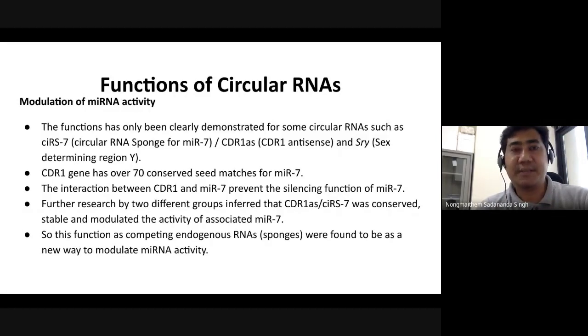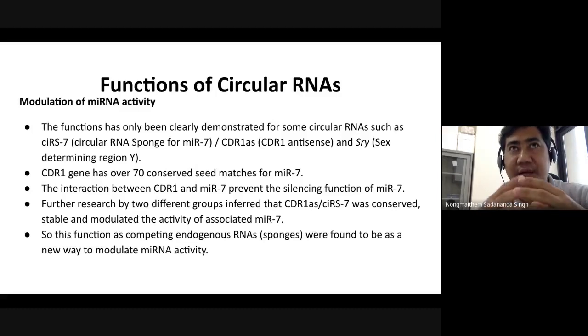So for example, in this case, what we are talking about is circular RNA 7, okay, circular RNA spawns for MIR7, microRNA 7. It is a circular RNA and it has a lot of target sites for microRNA 7.